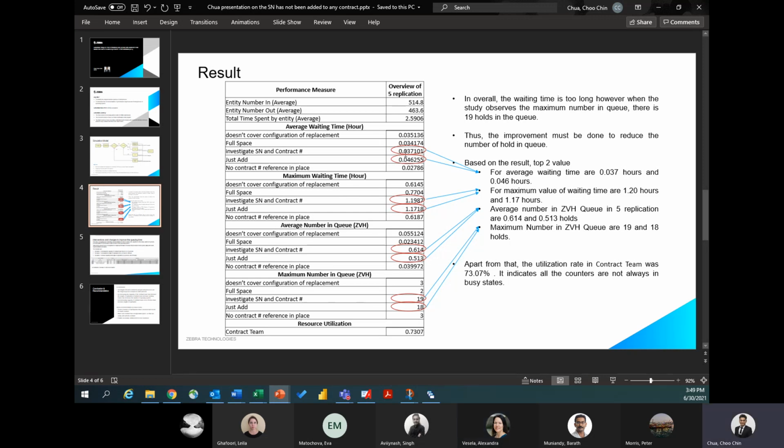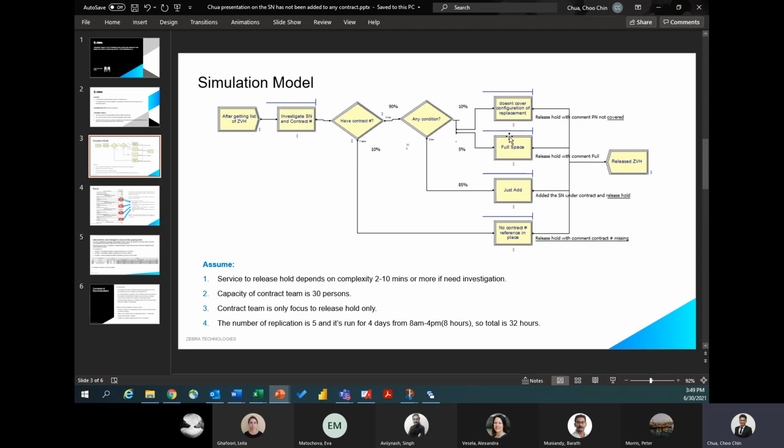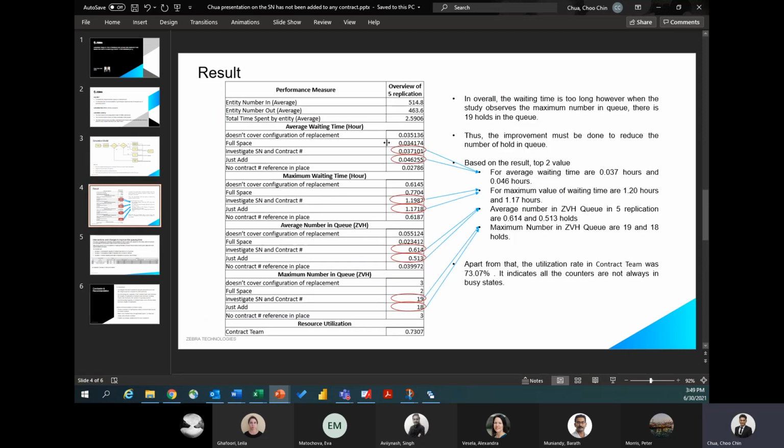Okay, this one I have a list of the creation of the hold and the release of the hold. So I subtract and I get the total duration to release the hold. So I put in the simulation the process time, I run it and I get it. Maybe it's not accurate, but I'm trying my best to make this accurate.